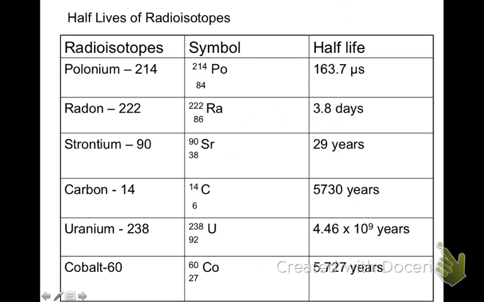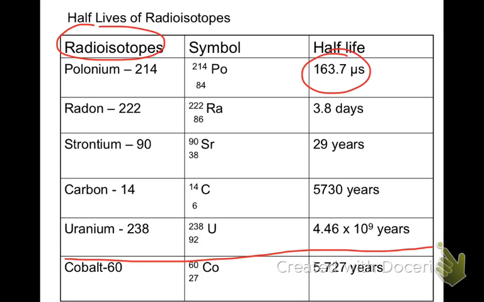And that's not so you memorize the half-lives here, that's so you have the reference. So don't worry about memorizing these or anything, it's just so you have something to use when you need to know these half-lives. So each and every radioactive isotope, or radioisotopes as it's shown here, have its own unique half-life, everywhere from the 6 here, polonium, with a really short half-life of 163.7 microseconds, down to uranium-238, which takes 4.46 billion years to do the same thing.